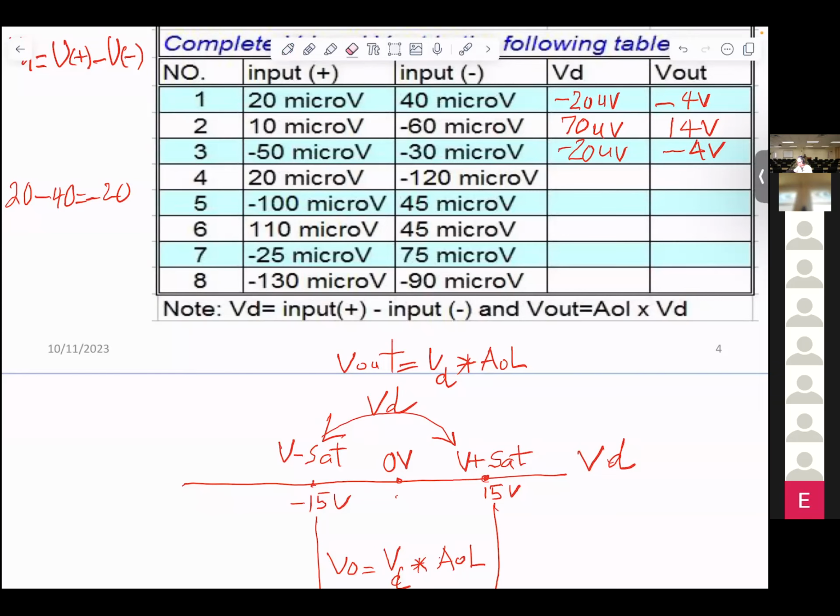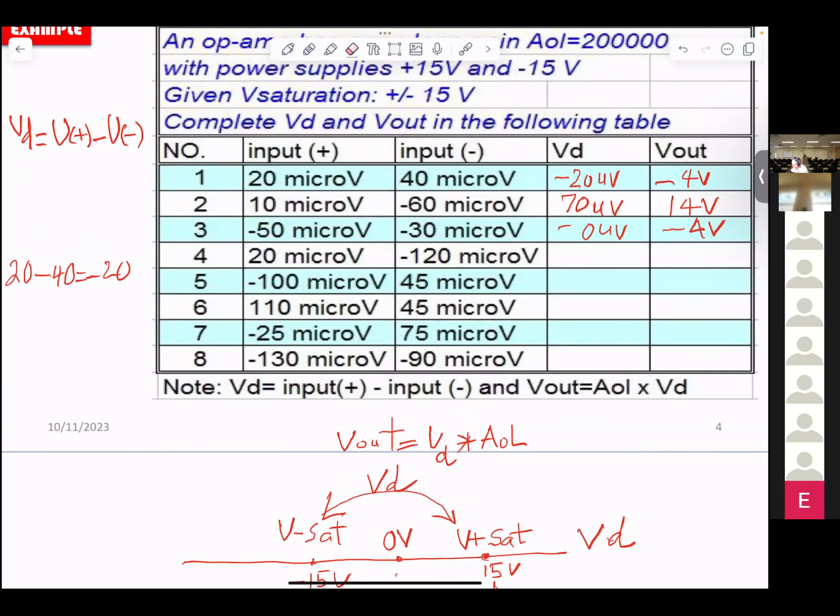Yes. Okay, number 4. VD should be 140. Exactly. And then you take that answer, 28, multiply it times 200,000.